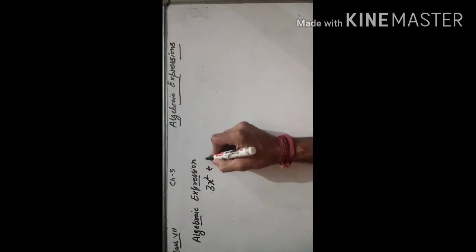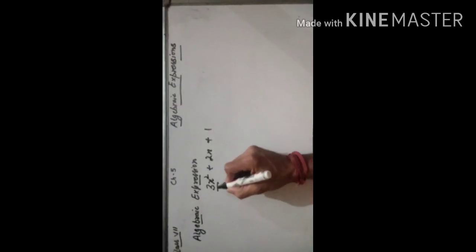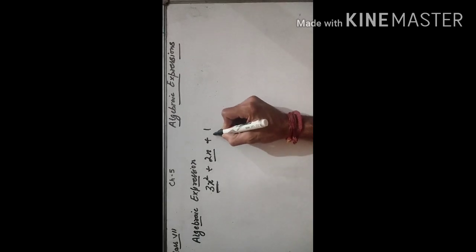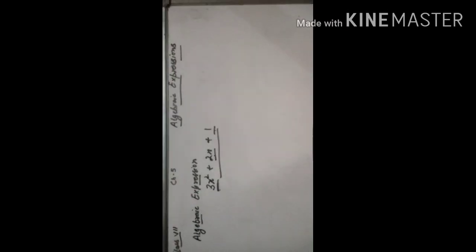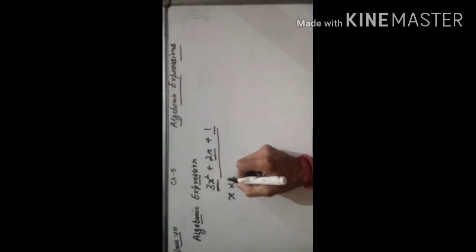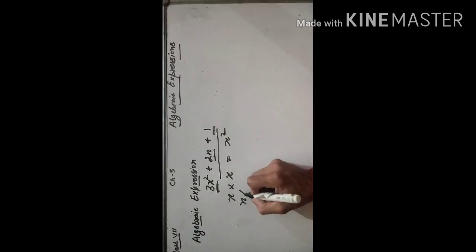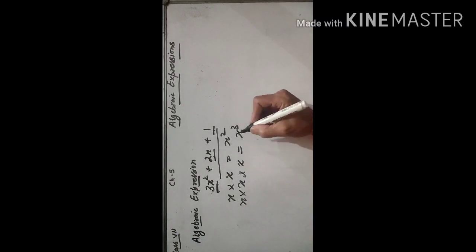Now if I write 3x square plus 2x plus 1, then this is an algebraic expression in three terms: first, second, and third. So when we multiply variable with variable, suppose x into x, then it becomes x square. x into x into x, as we have done in exponent powers, is x to the power 3.